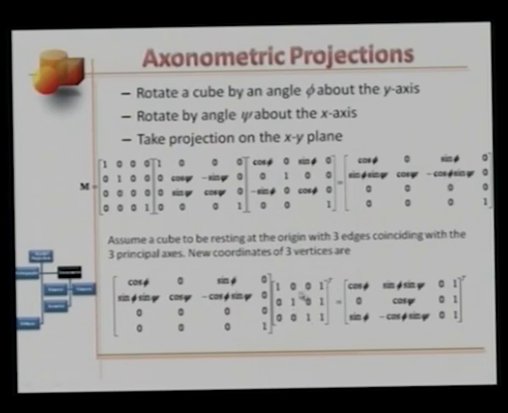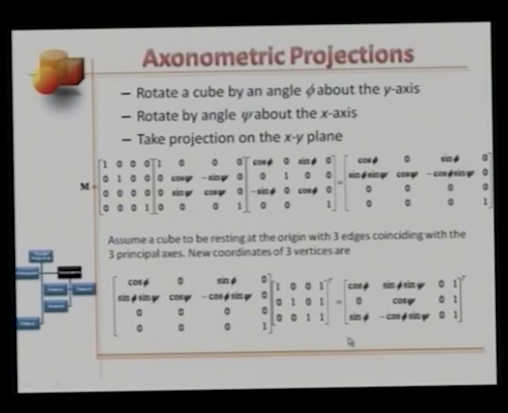We transpose and express these coordinates in a homogeneous coordinate system, and pre-multiply this matrix by this transformation matrix. We get this result: cosine of phi, sine of phi times sine of psi, 0, 1; 0, cosine of psi, 0, 1; sine of phi, minus cosine of phi times sine of psi, 0, 1. These are the new coordinates of these points.